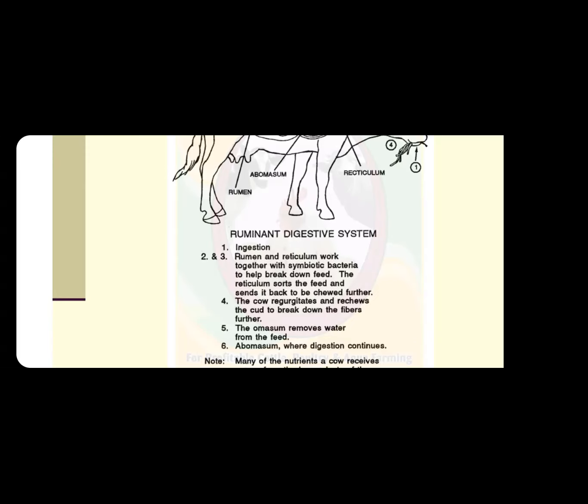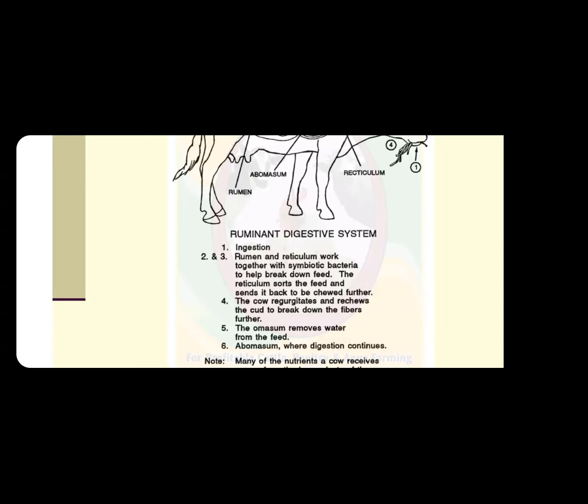Because of the rumen and the reticulum, cattle have this system whereby they send the food back. After the rumen and the reticulum digest it a bit, they send it back into the mouth to be chewed again. Then they take it back in, what we call regurgitation, which is simply reswallowing of the same.